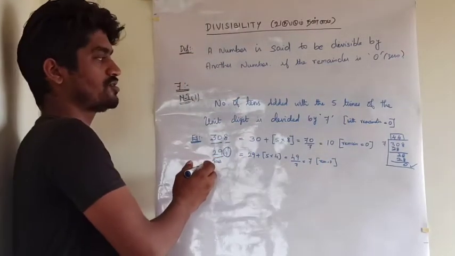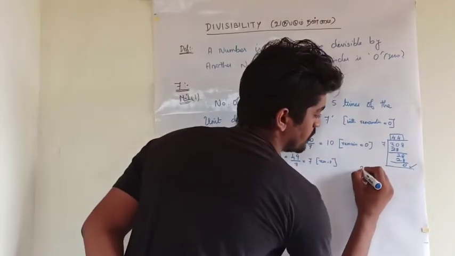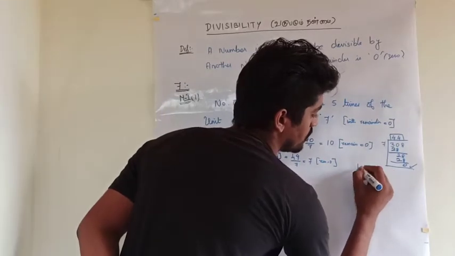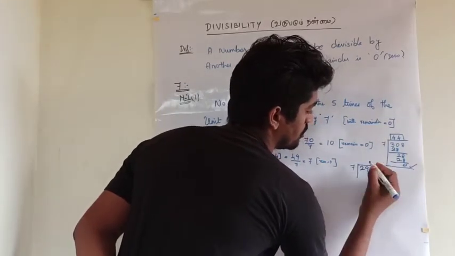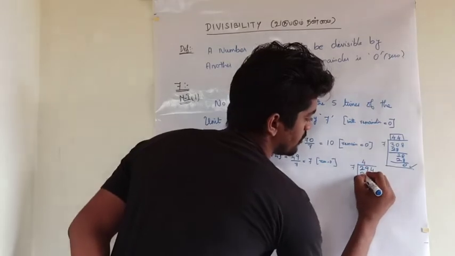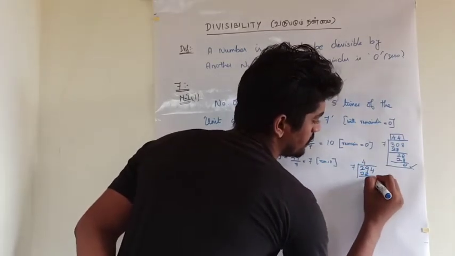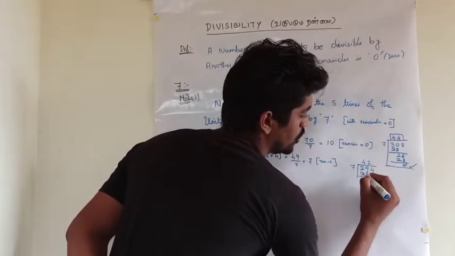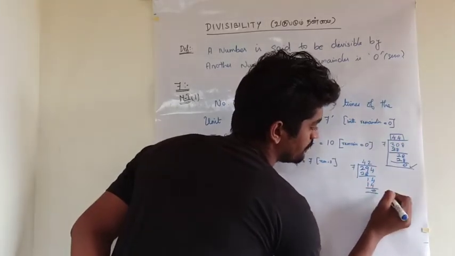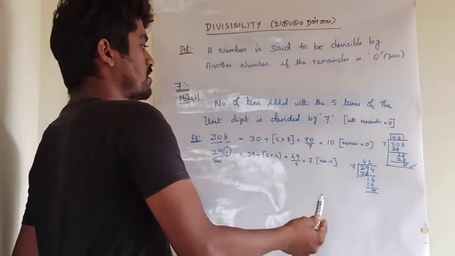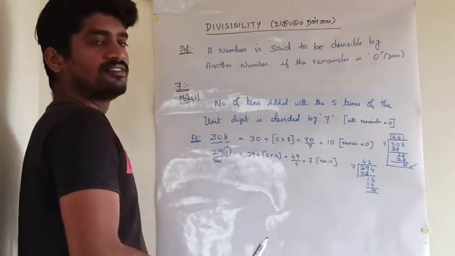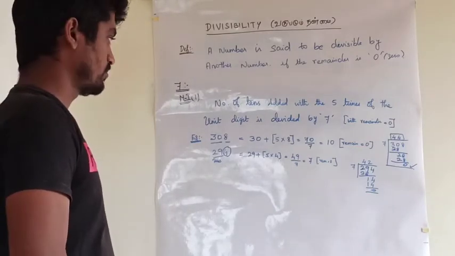So this number is also divisible by 7. Check: 4 7s are 28, remainder 1, 14; 2 7s are 14. So this is also divisible by 7 with remainder 0.